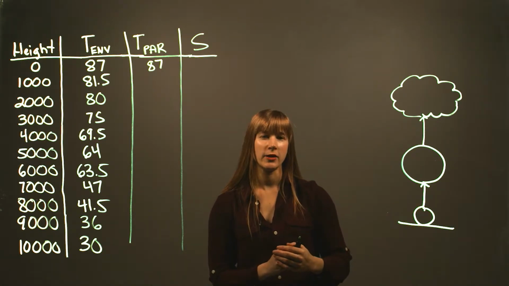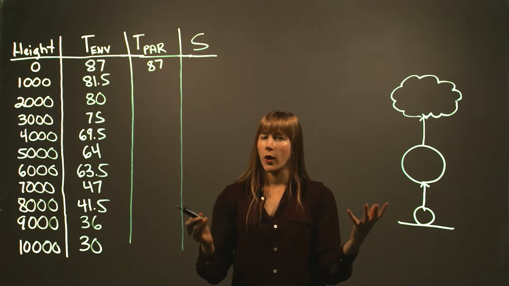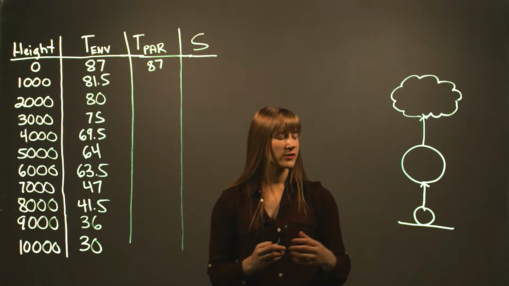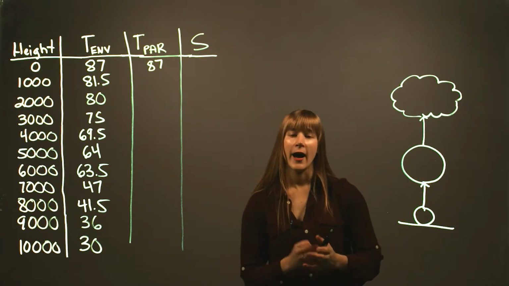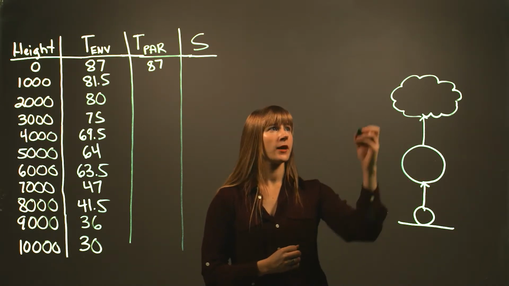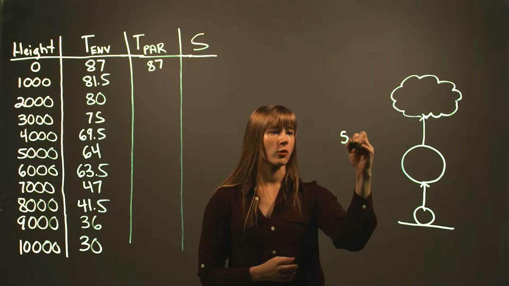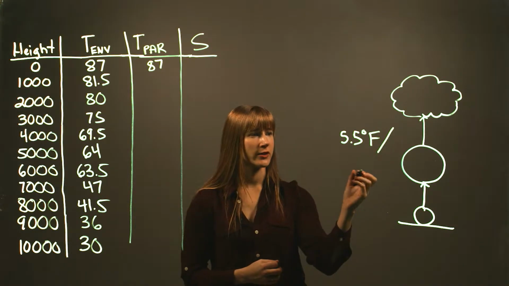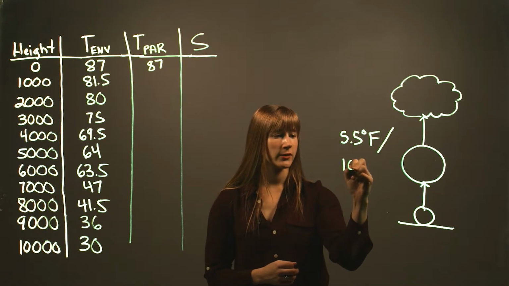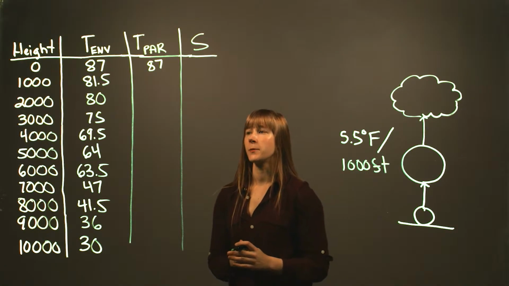It was given a little push, a little nudge, and we're going to see what would happen if that air parcel was nudged and it started to rise. How would it cool down? Again, we know that that air parcel is going to cool down at the dry adiabatic lapse rate, 5.5 degrees Fahrenheit for every 1,000 feet that it rises.